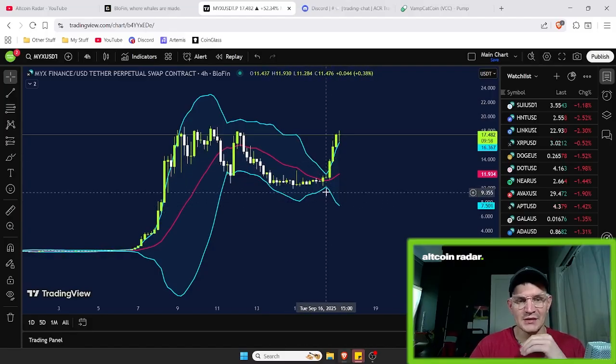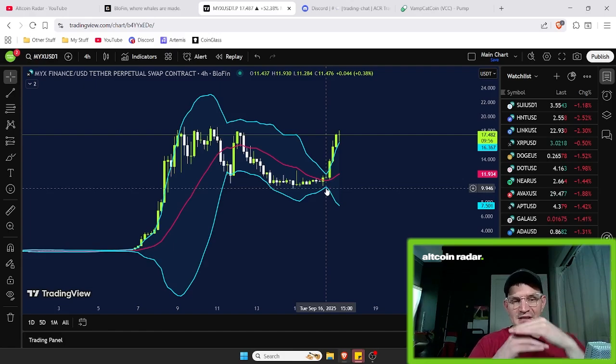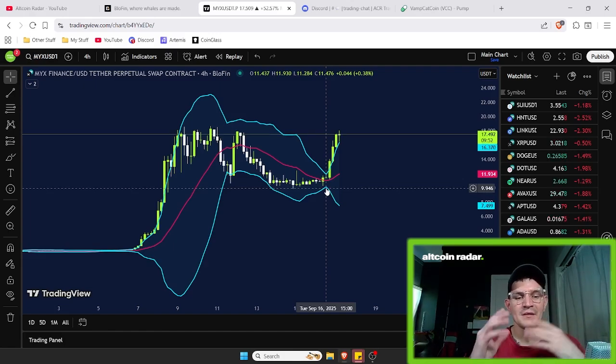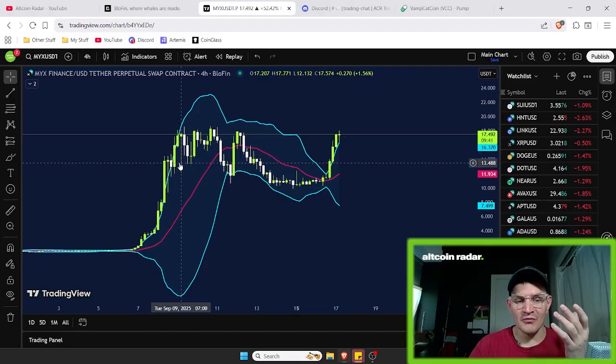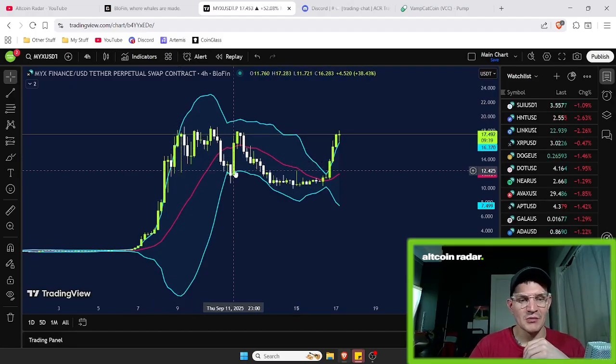The upper and lower bands expand and contract based on volatility. The best way to understand how it all works is when price touches the upper band. So right in here, when price touches the upper band, it basically tells you that the asset may be overbought. And when the price touches the lower band right here, it tells you that the asset may be oversold.